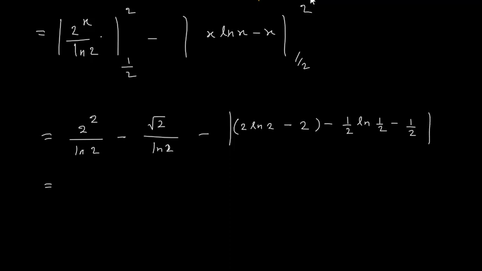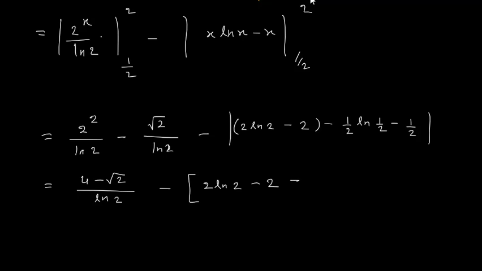So this will become 4 minus root 2 divided by ln 2, minus 2 ln 2 minus 2.